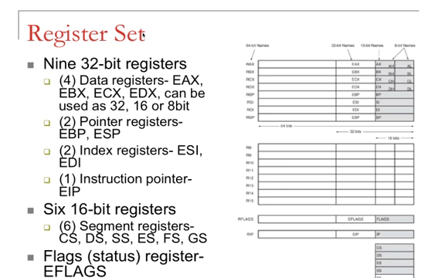We don't have to pay much attention there. We have 2 pointer registers, EBP and ESP. Those are used to refer to certain locations in segments, for example, the stack segment. And we have 2 index registers, ESI and EDI. And we have instruction pointer, EIP.